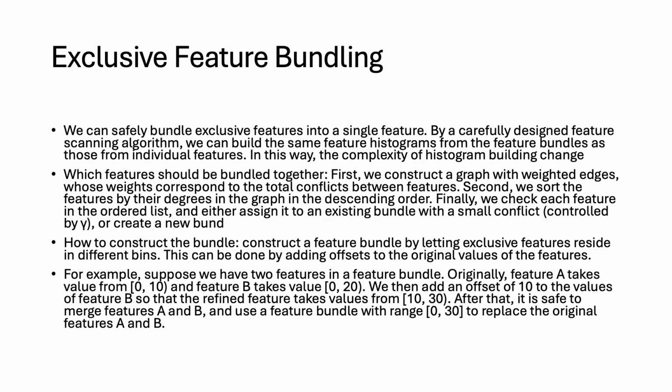The second important feature of LightGBM is exclusive feature bundling. In a sparse feature space, many features are mutually exclusive, which means they never take non-zero values simultaneously, and we can safely bundle exclusive features into a single feature.